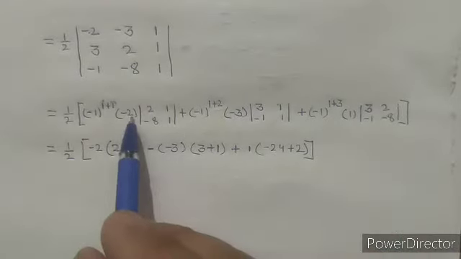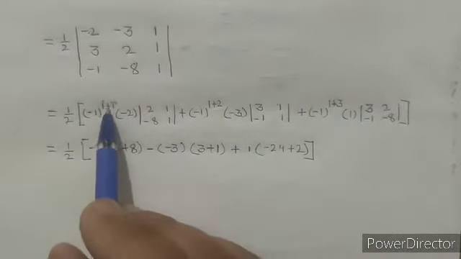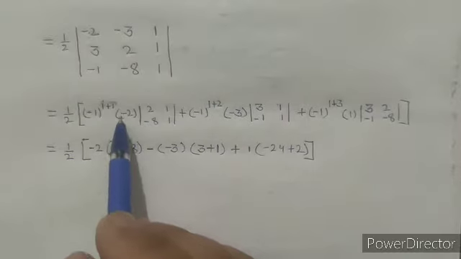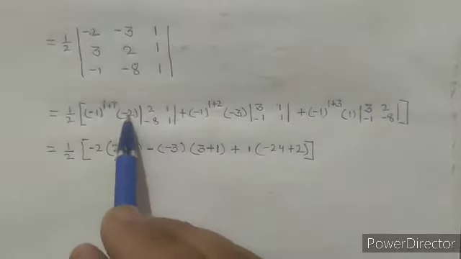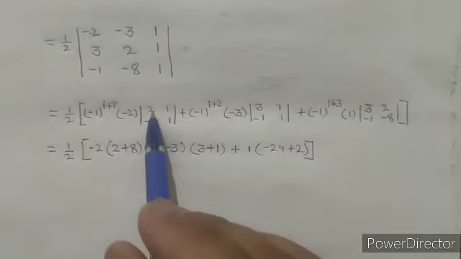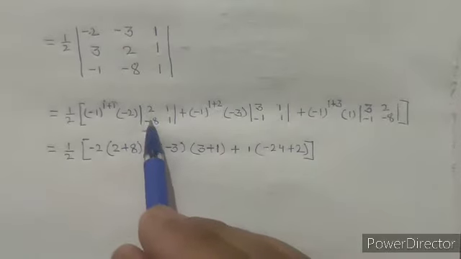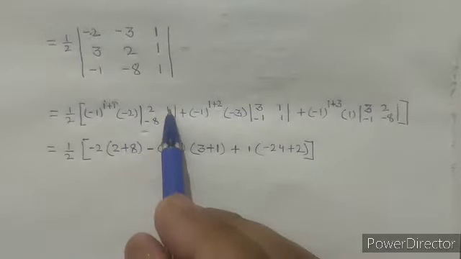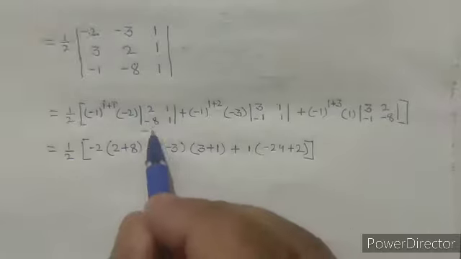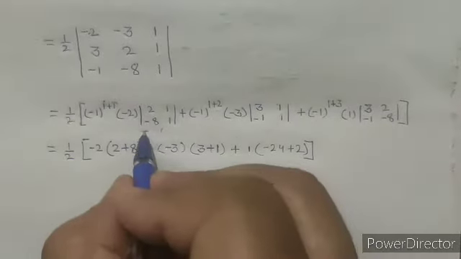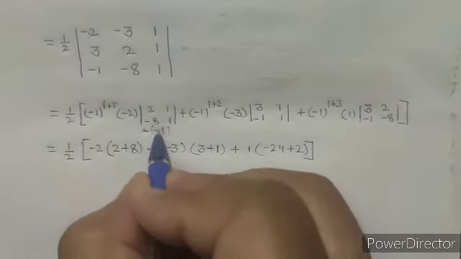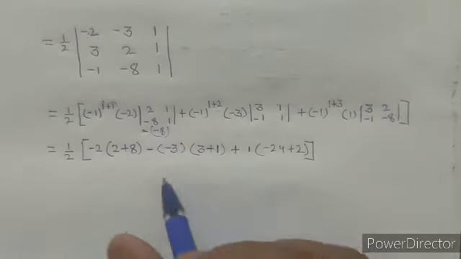Now on solving these, minus 1 raised to power 2 will be positive. Now 1 into minus 2 will be minus 2. Now on solving the determinant, this will be 2 into 1 will be 2, minus 8 into minus 1 will be minus 8 to minus 8, and minus will be positive, that will be 2 plus 8.